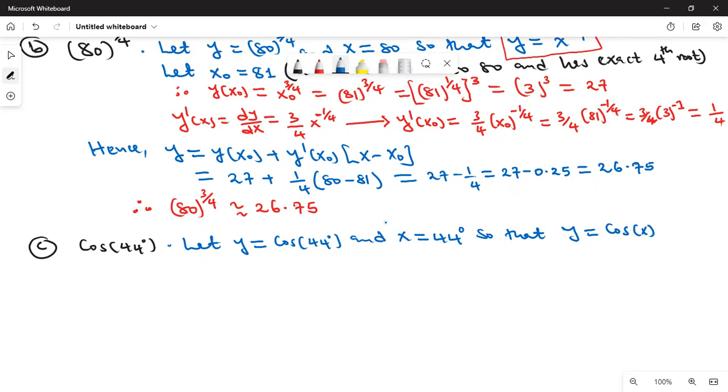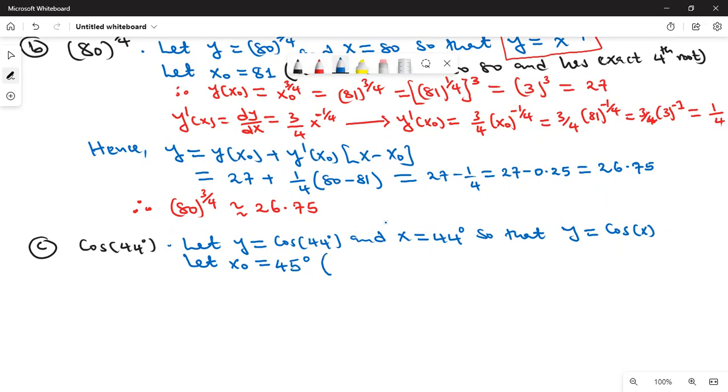Now, we also need to find x naught. So we again say let x naught. Now, you need to ask yourself, which angle is close to 44 degrees, and you know the exact cosine of that angle. And the angle there is 45 degrees, because we know the exact value of cos 45 degrees. So our x naught is 45 degrees, but this must be converted to radian.